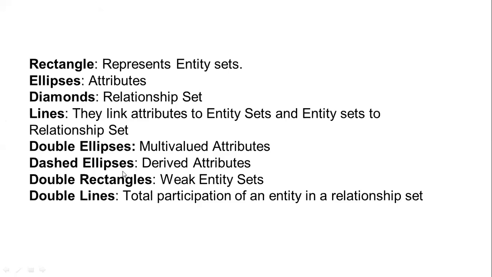A dashed or dotted ellipse is known as a derived attribute. A double rectangle is a weak entity set, which we'll discuss later. And a double line is a total participation in a relationship. So these are some conventions used for representing an ER diagram.